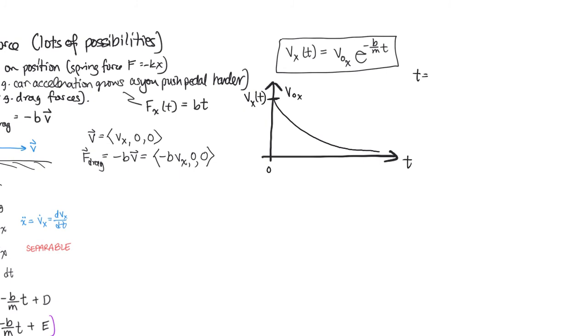So at t equals 0, we have v_x equal to v naught x. We already did that point. And as t increases, the velocity gets closer and closer to 0.